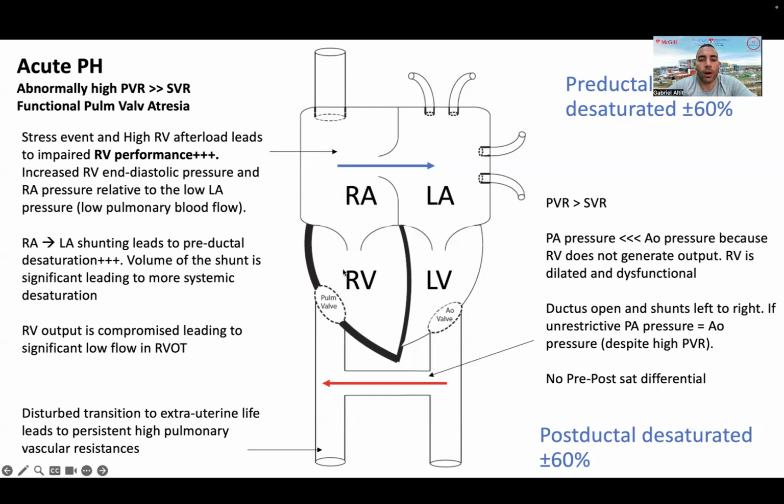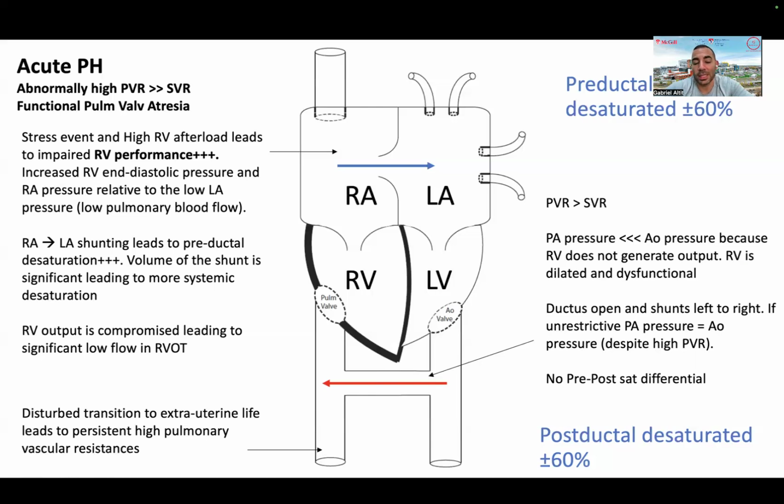But because your RV is basically not feeding anything or almost nothing inside your pulmonary artery, it's this time the LV that's providing blood flow to your pulmonary vasculature. We call this picture often functional pulmonary valvular atresia or stenosis because the RV is basically almost dead or not generating enough output, which creates the situation of left to right shunt at the ductus.